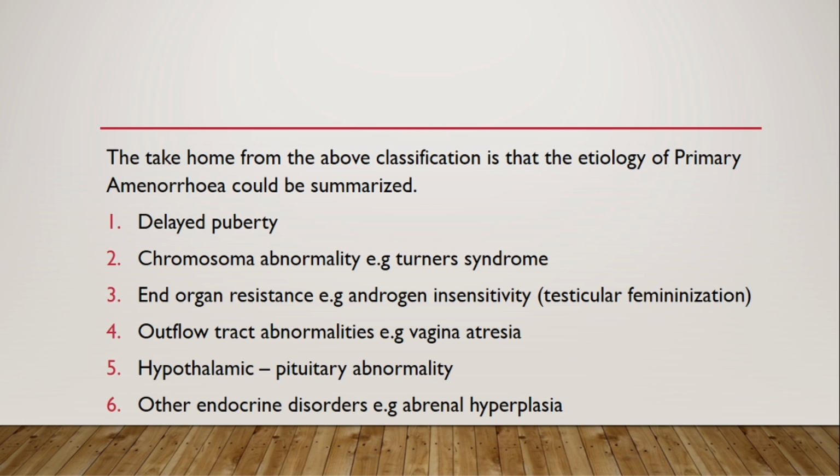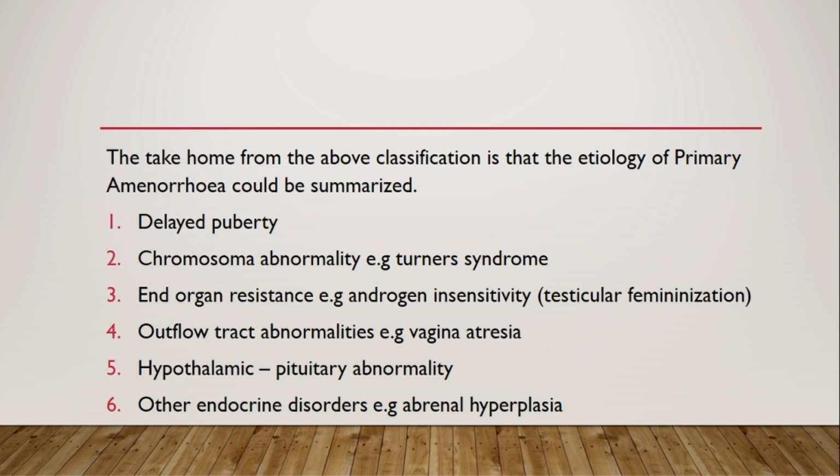Four, the outflow tract abnormalities, e.g. vaginal atresia or uterovaginal atresia, that is probably called Mayer-Rokitansky-Kuster-Hauser syndrome. That's a good example that is so commonly known by many of our medical students and postgraduate students.